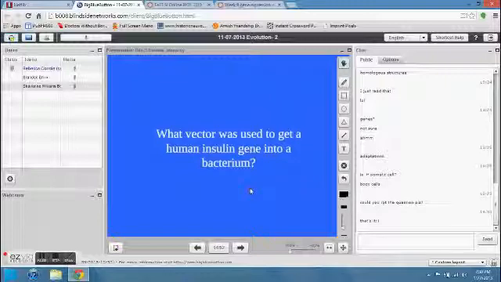So what vector was used to get human insulin gene into a bacterium? I've asked this one before in an SI session, I think, if we got to it.